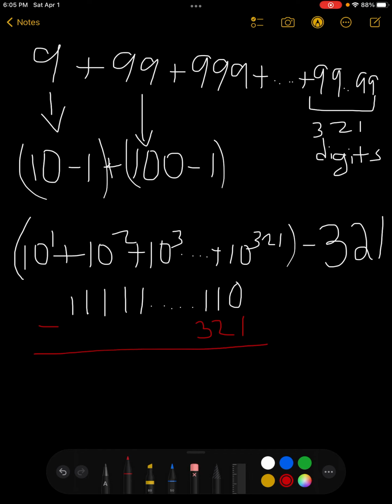So what will this look like? Well, we can start subtracting. 0 minus 1 is 9. Cancel the 1, place it with the 10. We have 8 then. Again, cross out the 1, place it with the 10.